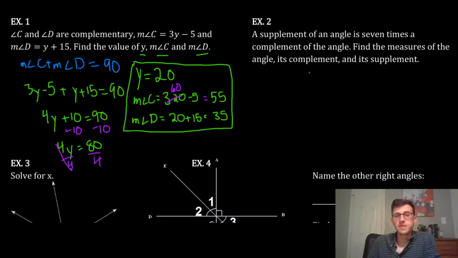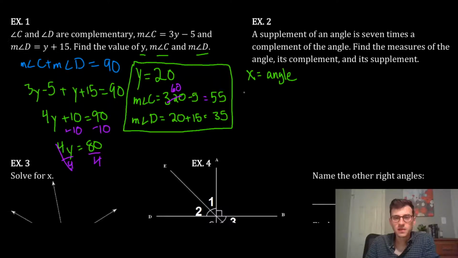All right, example 2. A supplement of an angle is 7 times the complement of the angle. Find the measures of the angle, its complement, and its supplement. Okay, so let's define some things. X is our angle.